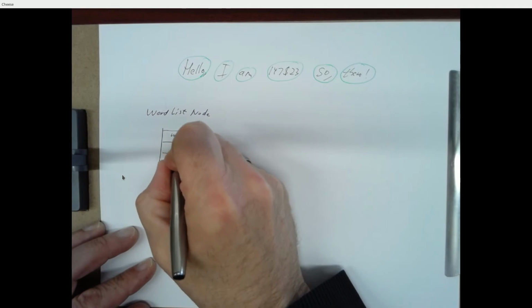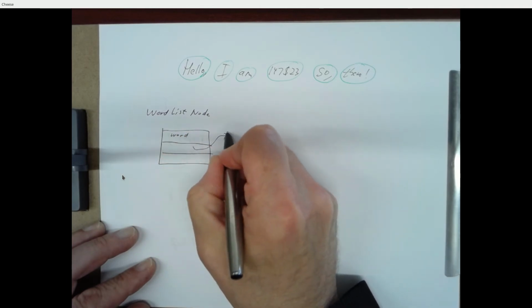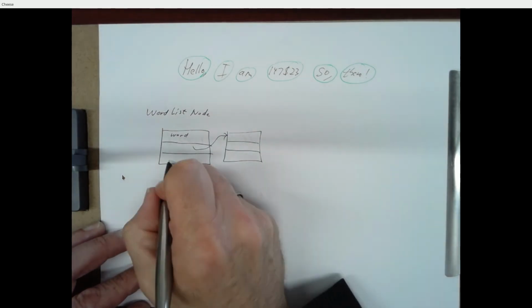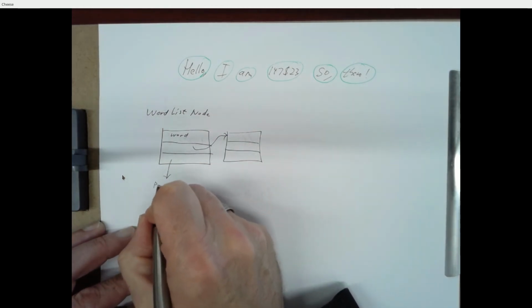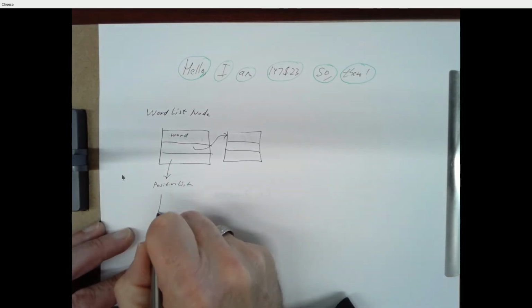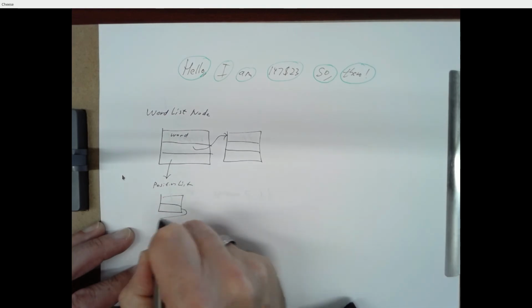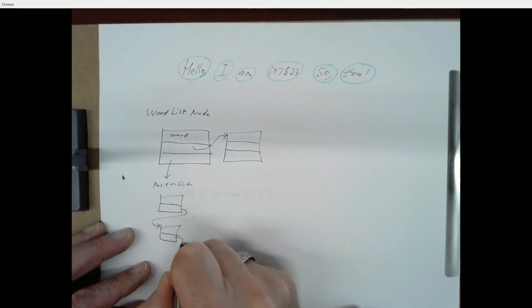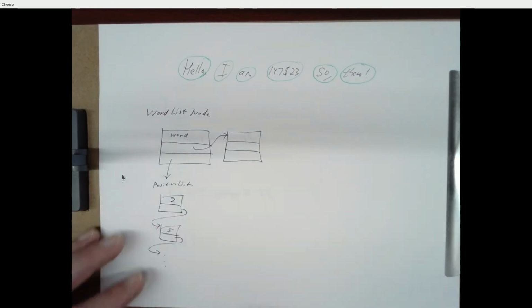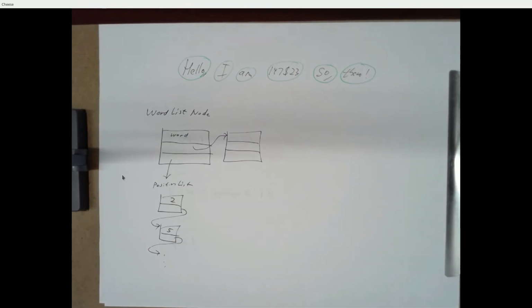And it's got a word. And it's got a pointer to another word list node, or null. But then it's also got a position list, which itself is a linked list in the old-fashioned sense. And here's a number, and here's another number, and so on. So it's really a linked list of linked lists. And we'll make a detailed picture with an example shortly.